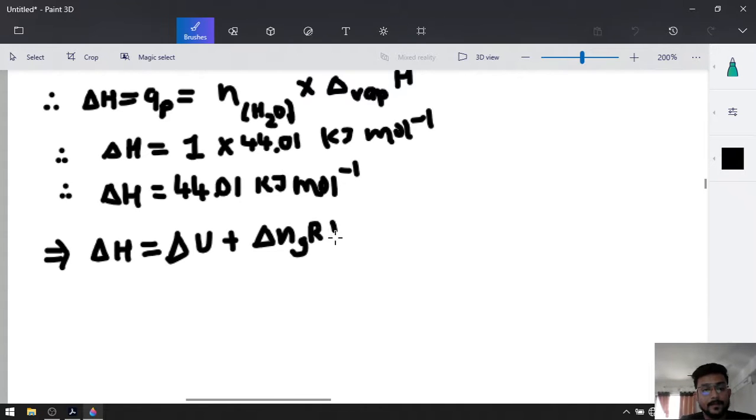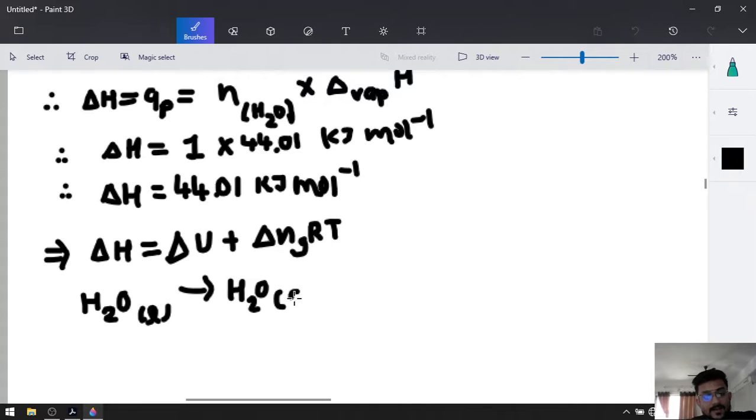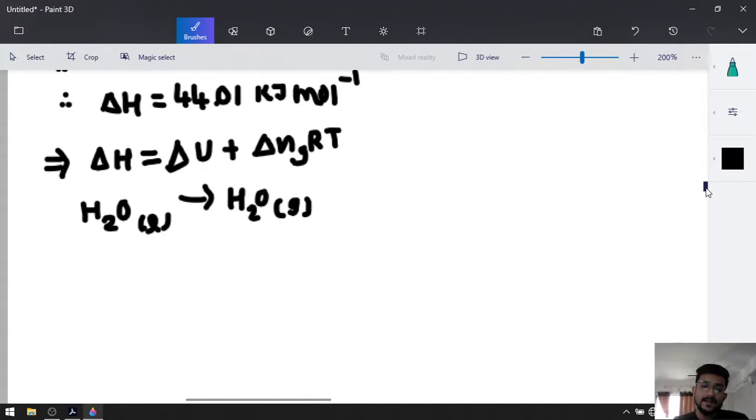We have this formula, but for that we have to calculate delta Ng, and for that we will require an equation. So, the chemical equation will be H2O liquid converted into H2O in gaseous form. Here we can assume that water vapor is an ideal gas.